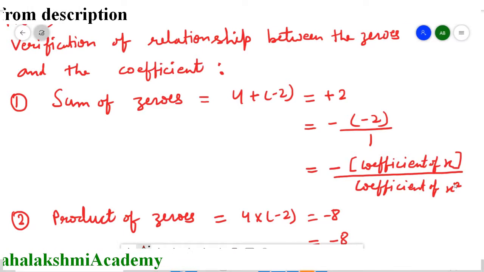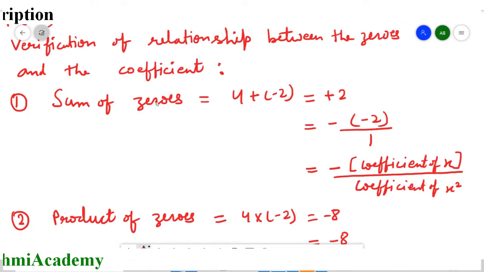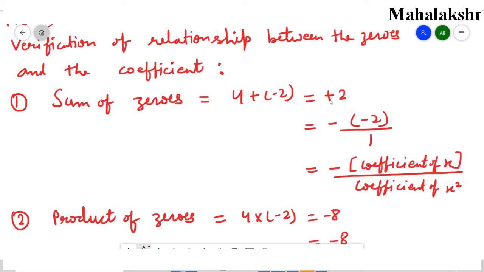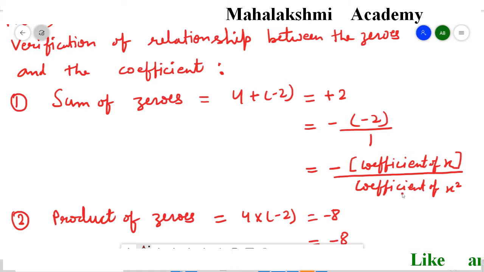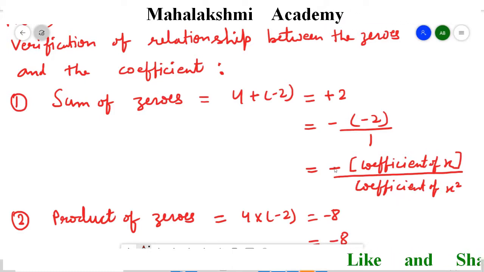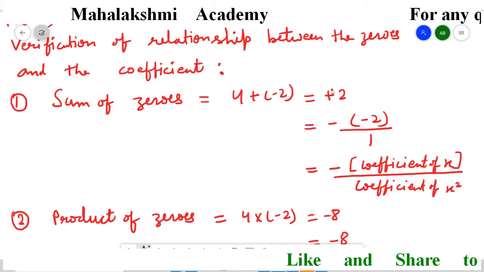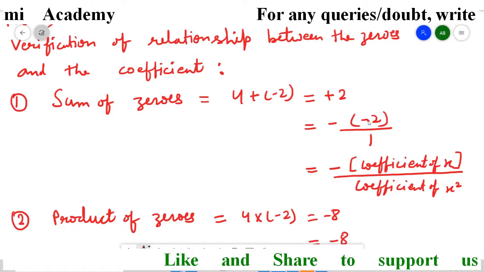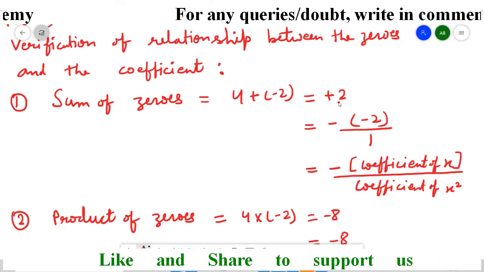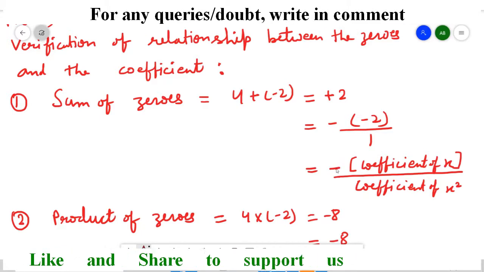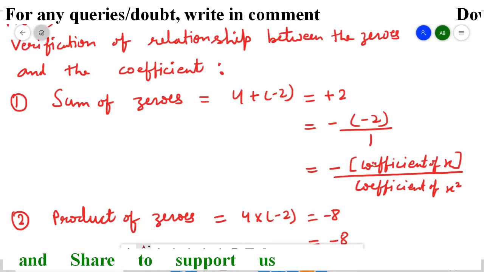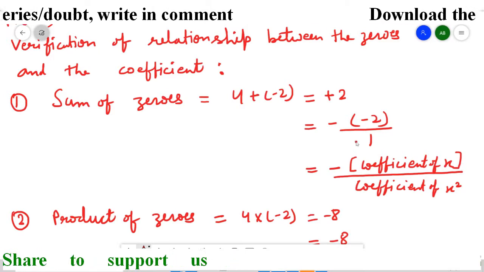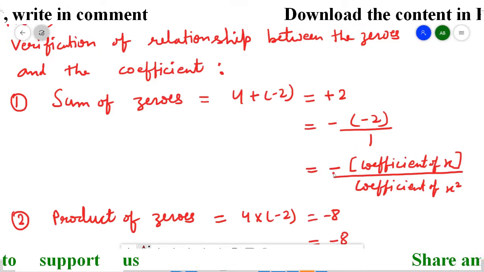Again, I'm repeating: first write the sum of zeros, put the plus sign between the zeros, solve and write the answer, and convert it into the formula, that is minus coefficient of x upon coefficient of x square. To convert into the formula, take minus outside and keep minus here also, so that the result remains +2. Instead of -2 I wrote its identity, the coefficient of x, and this one is the coefficient of x square. So this relationship is proved.